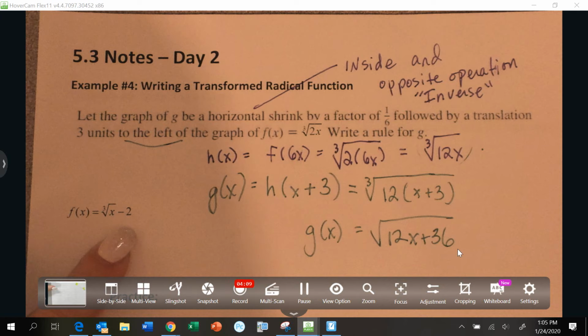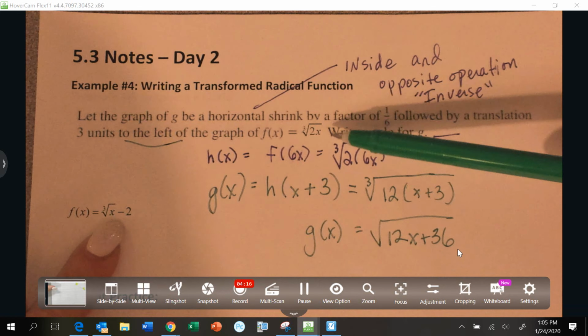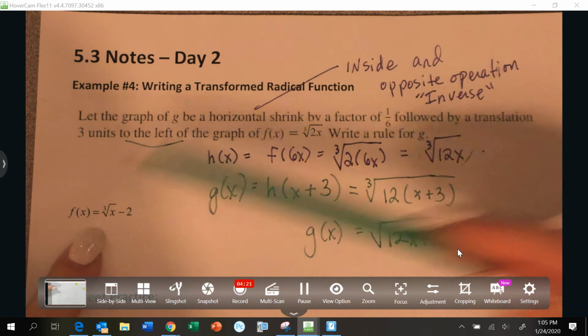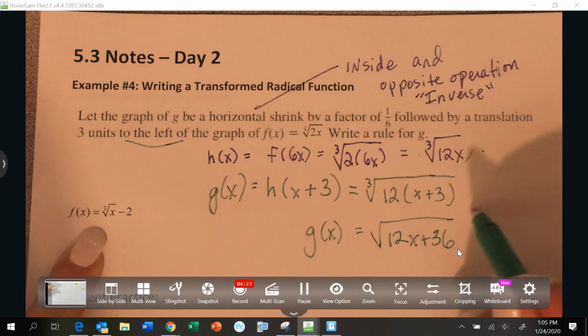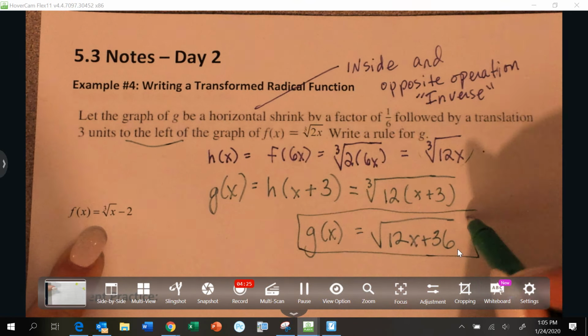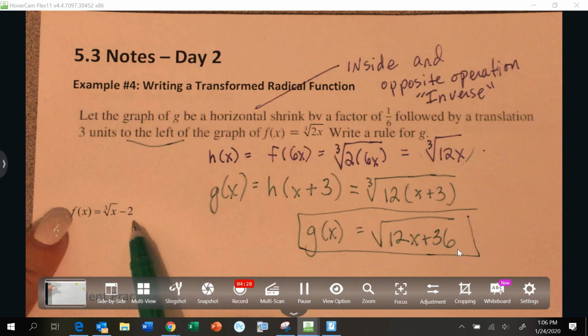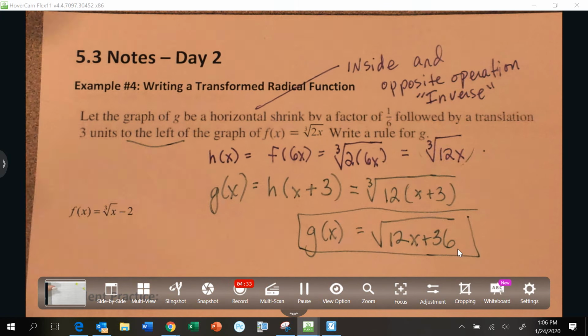I could look at my notes from last year. I wonder if this is like a second example for the same, because it says f of x, it doesn't say g of x. So this is the answer for example 4. I wonder if this is like another example. It's kind of what it looks like, but wouldn't it be a cube root instead of a square root? Yeah.